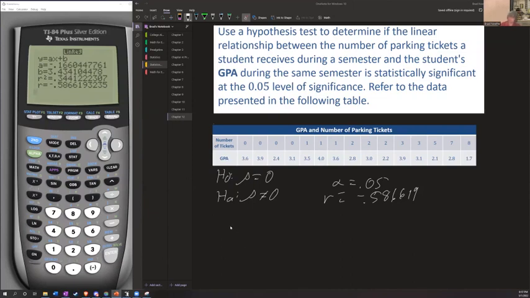So now I'm going to use my formula here for my test statistic.